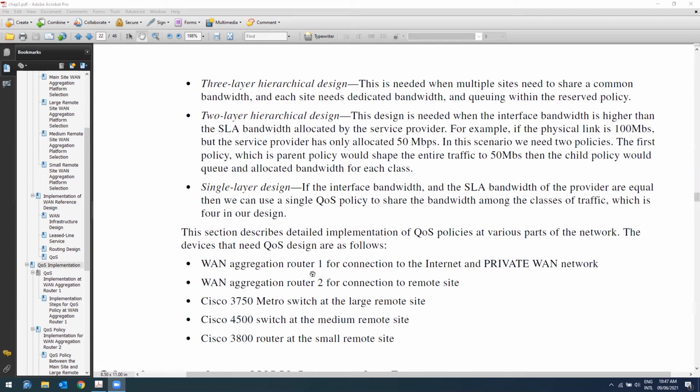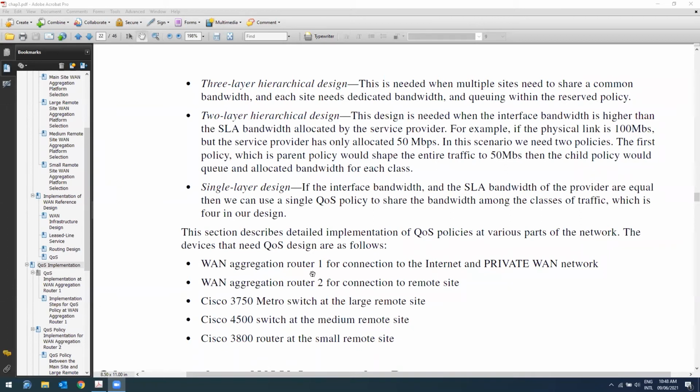For example, if the physical link is 100 Mbps, but the service provider has only allocated 50 Mbps. In this scenario, we need two policies. The first policy, which is the parent policy, would shape the entire traffic to 50 Mbps, and then the child policy would queue and allocate bandwidth to each class.